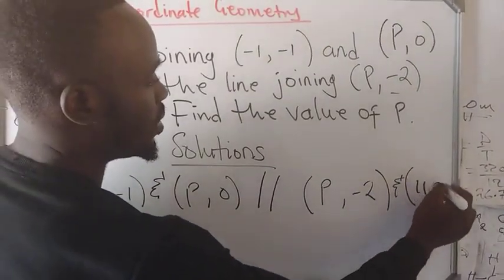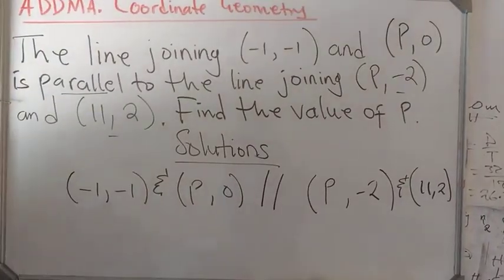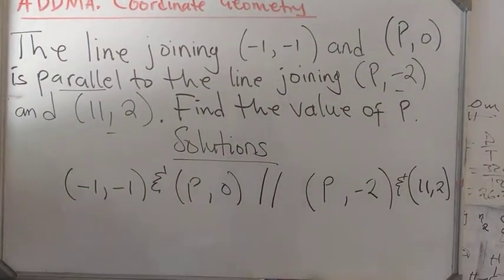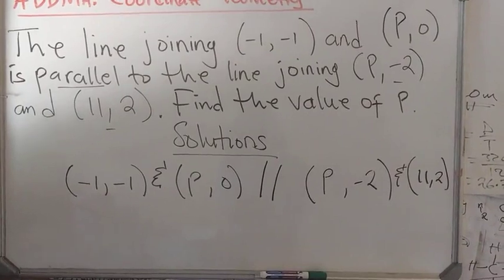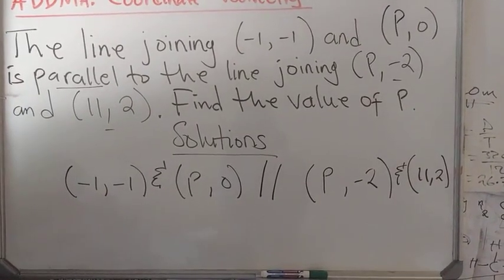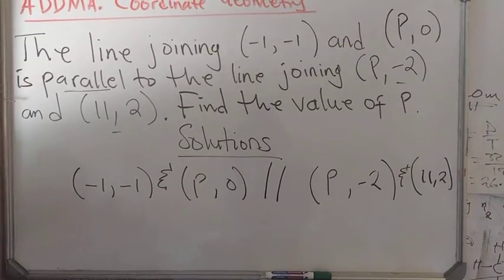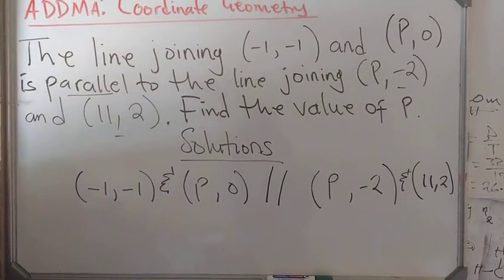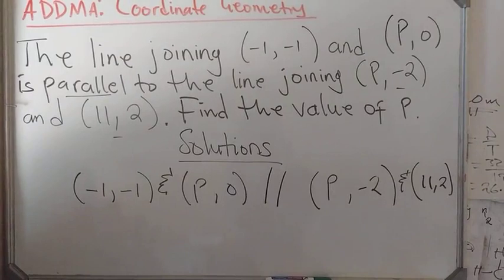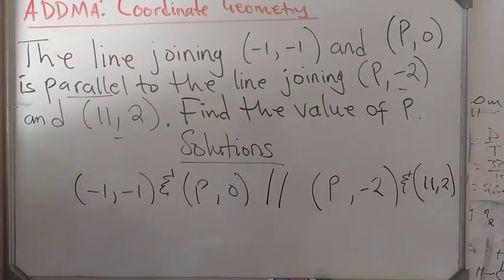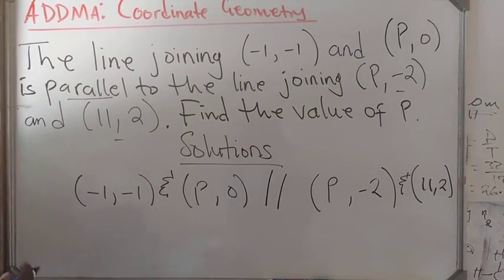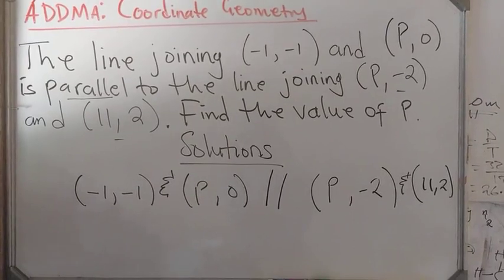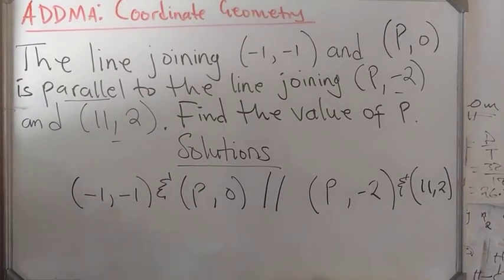Now when we talk of parallel lines, we all know that parallel lines are lines that do not meet. Apart from that, parallel lines are lines that have the same gradient. If you know that principle, you will be able to solve this question.